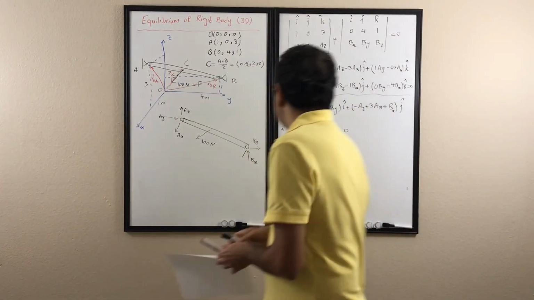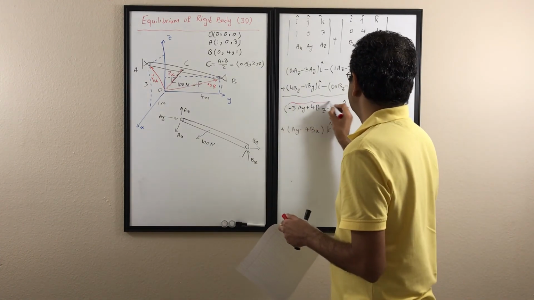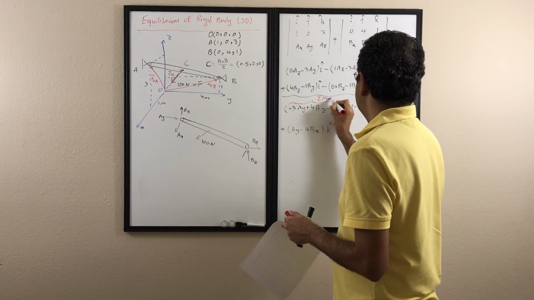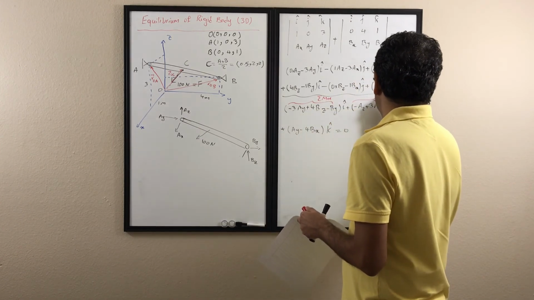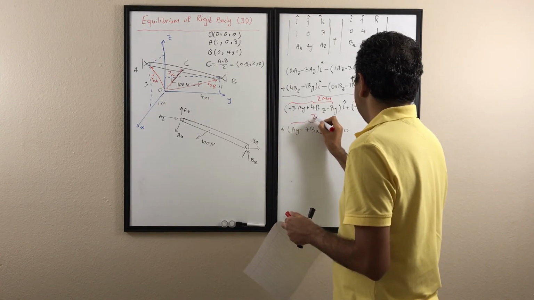The I component, as I said before, is sigma Mx, the J component is sigma My, and this is sigma Mz.